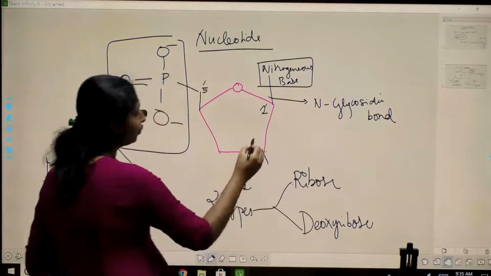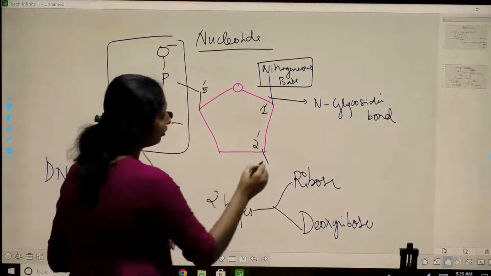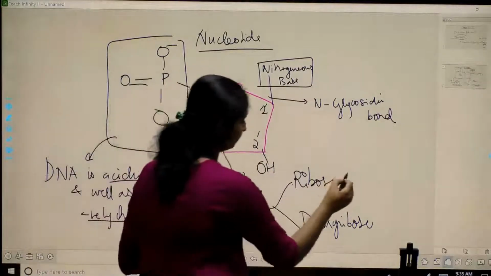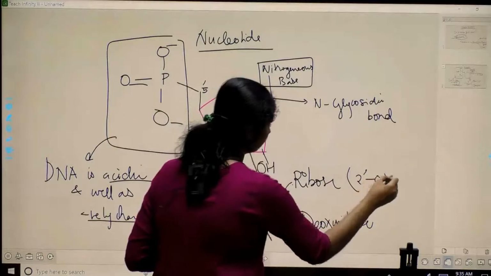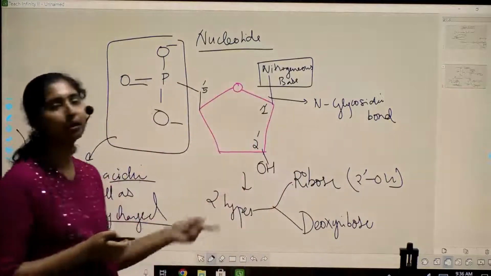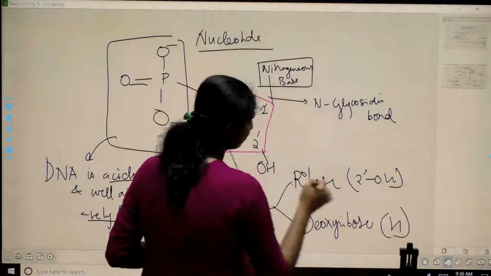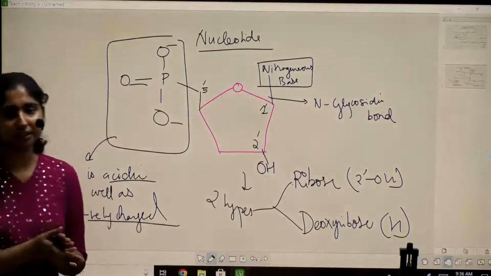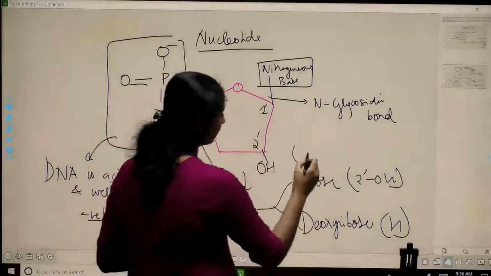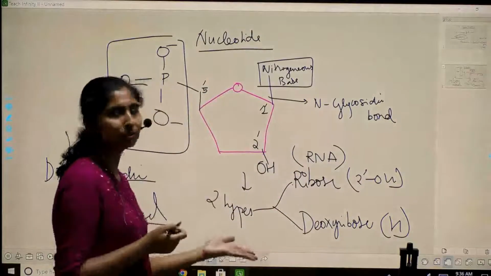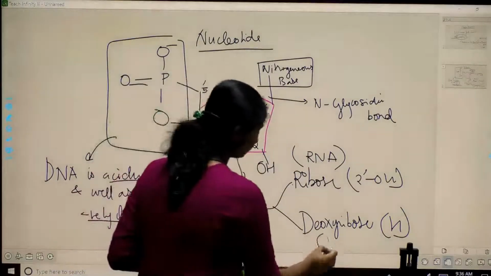If at the 2' carbon a hydroxyl group is present, then that is the ribose sugar. And if at the 2' carbon only a hydrogen atom is there, then that is deoxyribose sugar. Ribose sugar is present in case of RNA, whereas deoxyribose sugar is present in case of DNA.